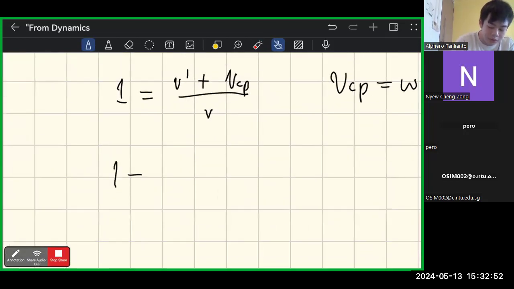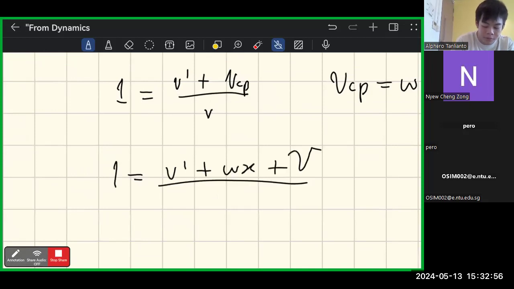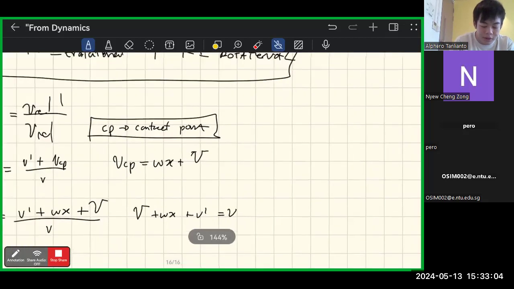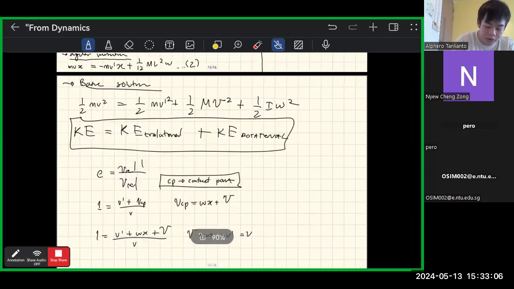So 1 equals v prime plus omega x plus big V, over v. So you have big V plus omega x plus v prime equals v. This can replace our third equation, so this is our better third equation, right?